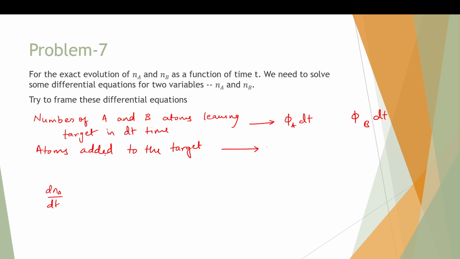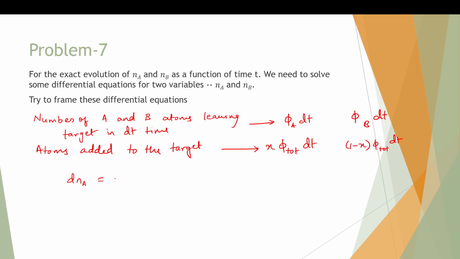The atoms added to the target will be, just like we discussed previously, phi total times dt times x, where x is the probability or the fraction of A. Similarly for B. From these two things, what will be dNa, the change in the surface concentration of A atoms?